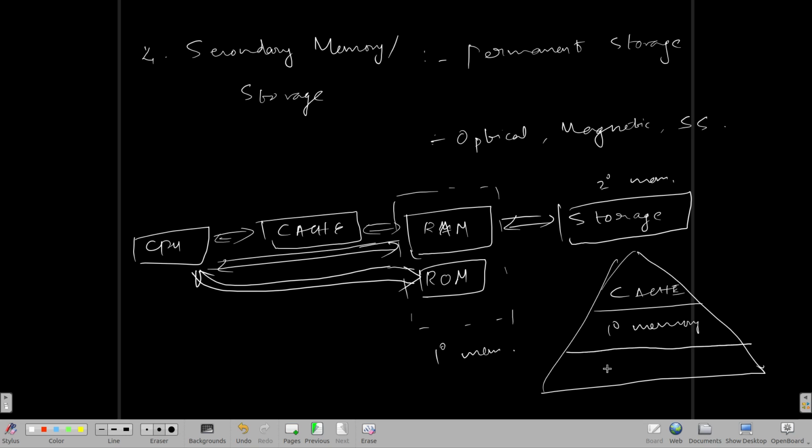Then we have secondary memory. So how does this change? As you go up, speed and cost increase. As you go down, storage capacity increases.